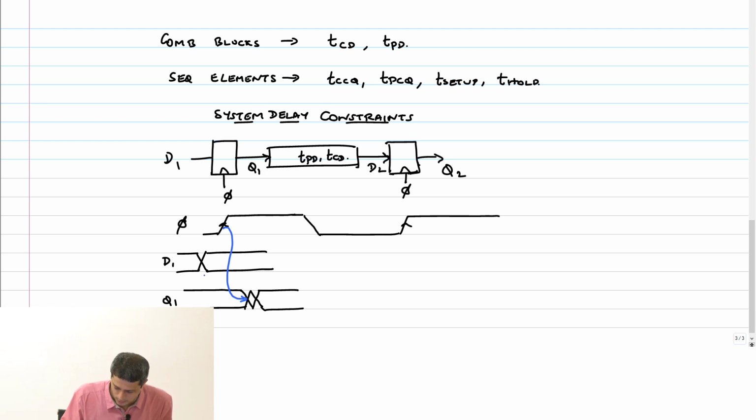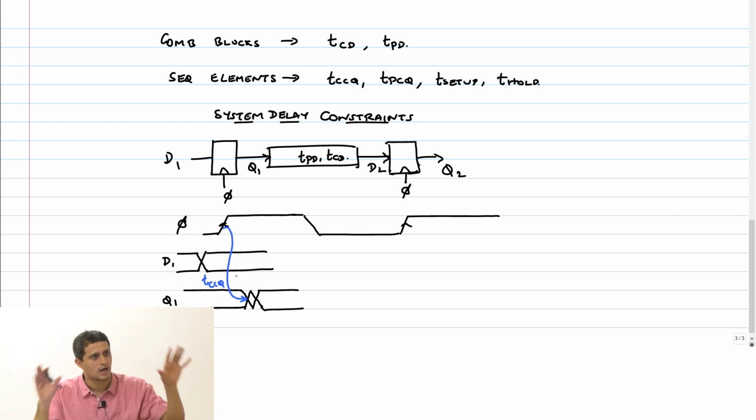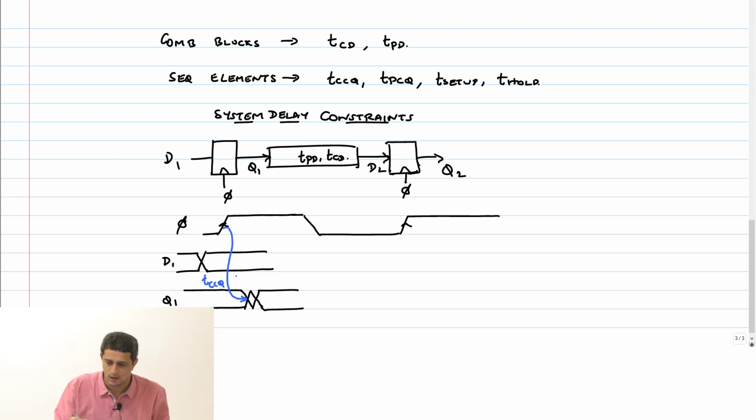This is what? TCCQ. What does this mean? It means if the data had changed well before the clock edge, then this would have been the delay. I don't know when the data is changing, right? I have to account for worst case under all conditions. That's what the analysis is going to be all about. Now, this guy will change worst case. What is this delay? TPCQ, right?